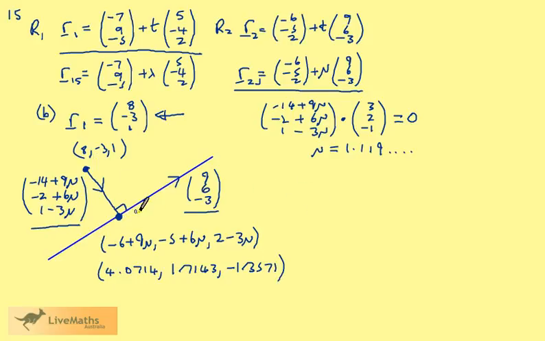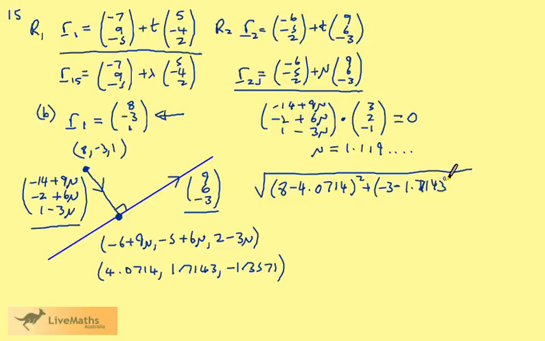Then the distance from here to here is the square root of 8 take away 4.0714 squared plus negative 3 take away 1.7143 squared plus 1 plus 1.3571 squared, giving me 6.5744.